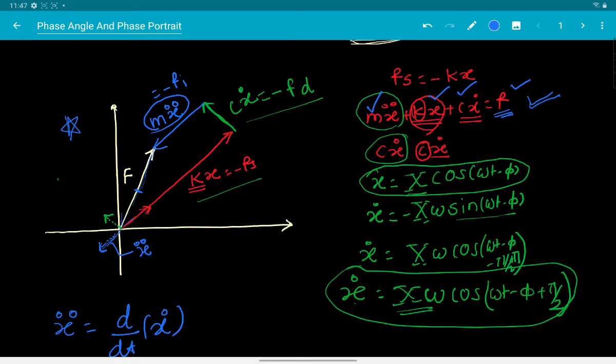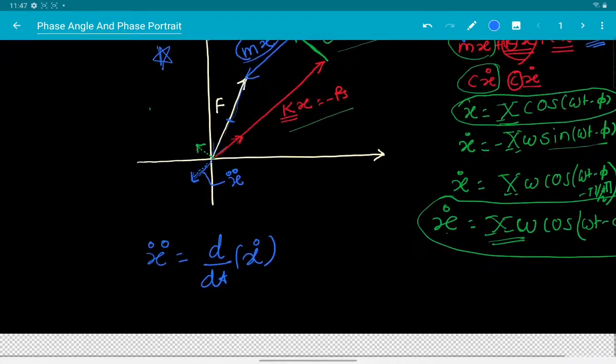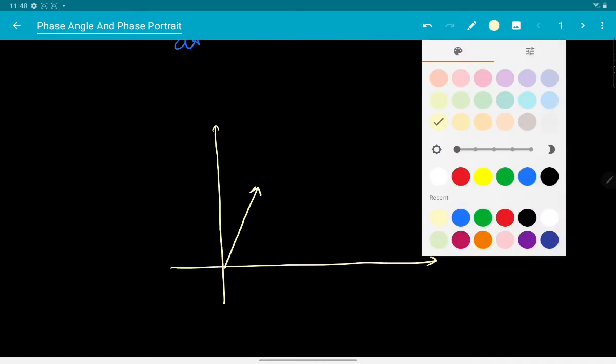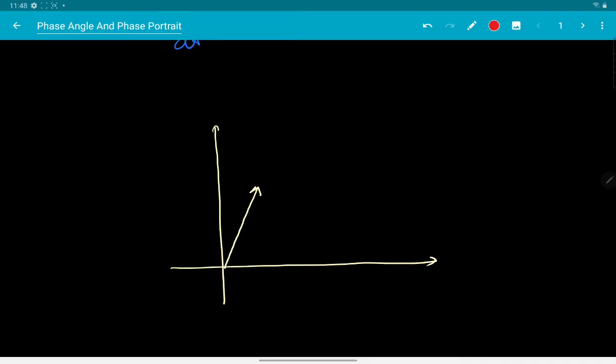Now I want you to appreciate a few more things, which I'll be showing you just now. Let's try to draw that phasor diagram once again over here. So this was f. We said that x is lagging by an angle equal to phi, and hence this was k x.